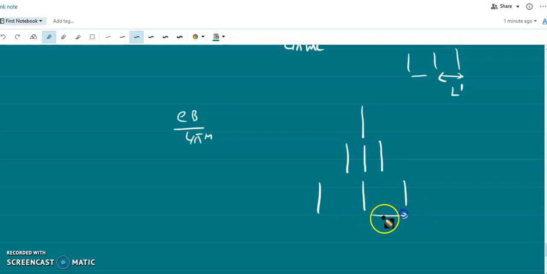The separation is EB/4πm. As B increases, the separation distance also increases. It will display symmetrically like this. So as field increases, the two lines will shift from the central line to a greater distance. Okay, thank you.